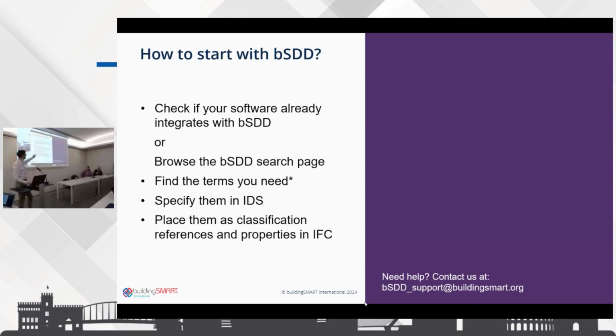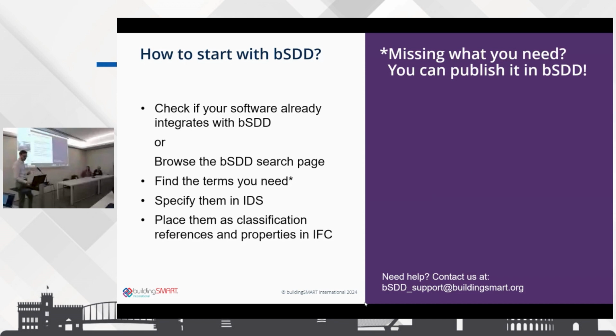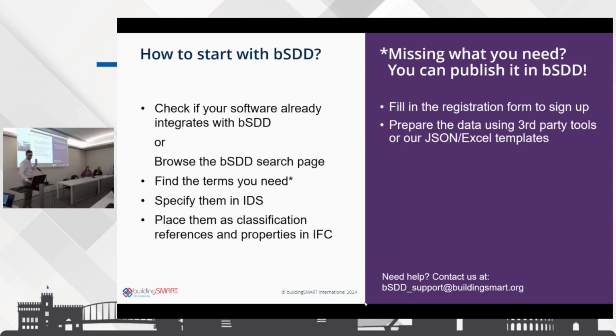And I put this asterisk in case you don't find the term that you need. In this case, if those 60,000 terms are not enough for you, you can always register your organization and publish the content that you need, because maybe it will help others also to use consistent terminology. So if you want to publish in BSD, we have a registration form on the website. Then you can use existing software solutions to publish in BSD, or use our JSON or Excel template and upload it through the BSD website.